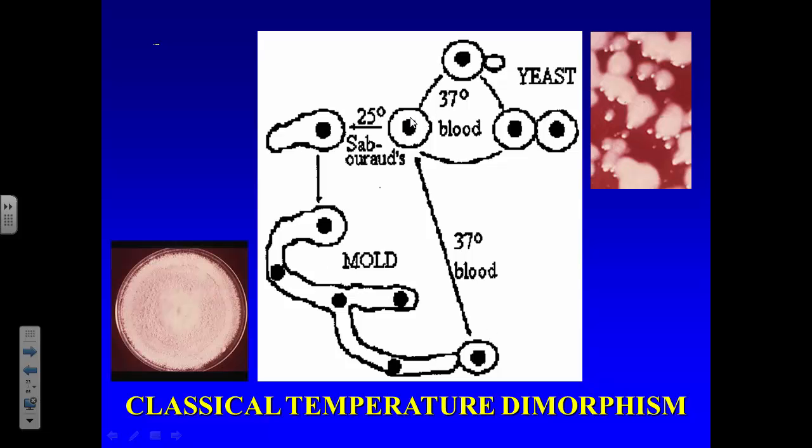But if they land in a 37-degree area, they're going to germinate and just grow as a yeast cell because they have a very rich environment to grow into. Now, this is called classical temperature dimorphism. We'll hear about some other kinds of dimorphism, and we'll also hear that sometimes the spores that are produced are of multiple types, in the same fungus.